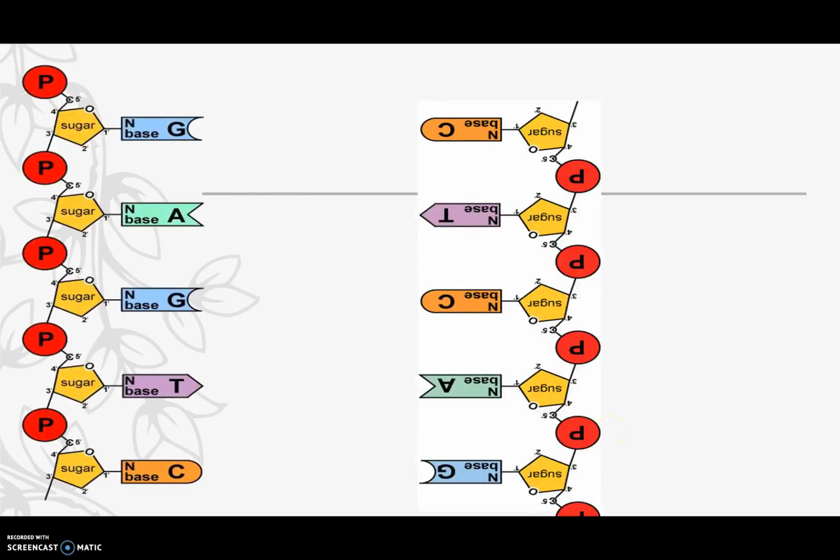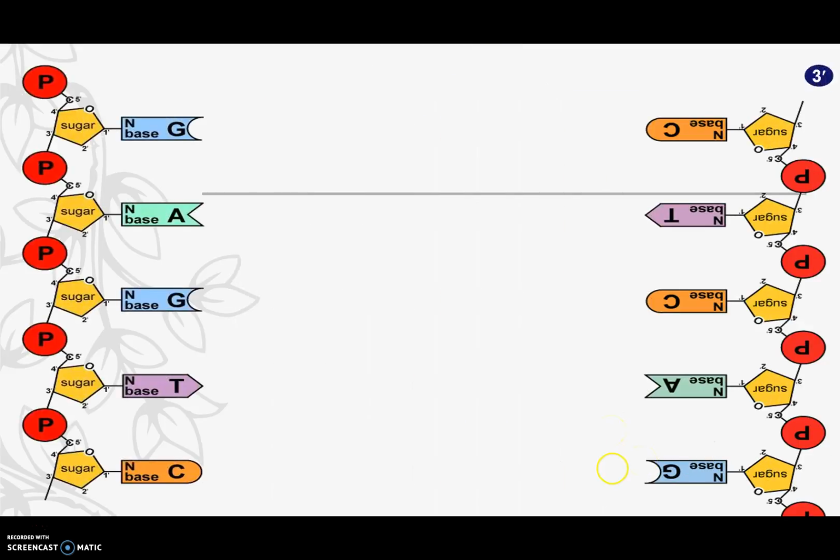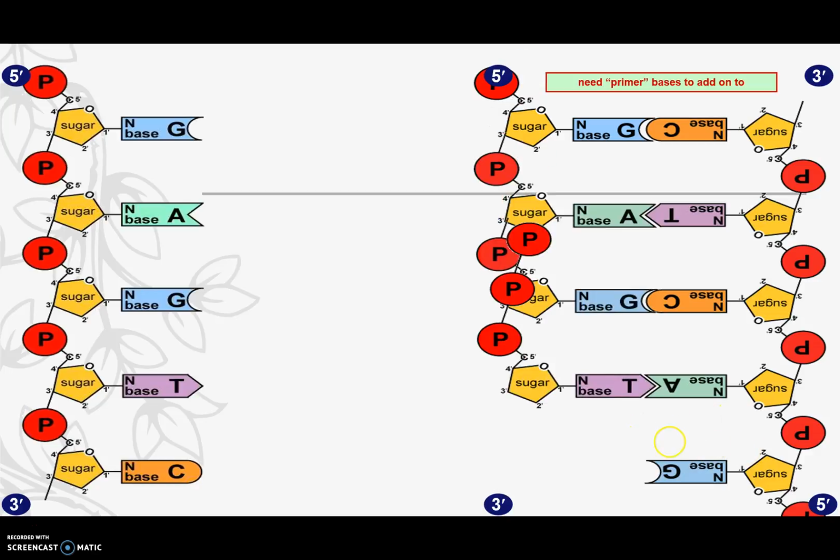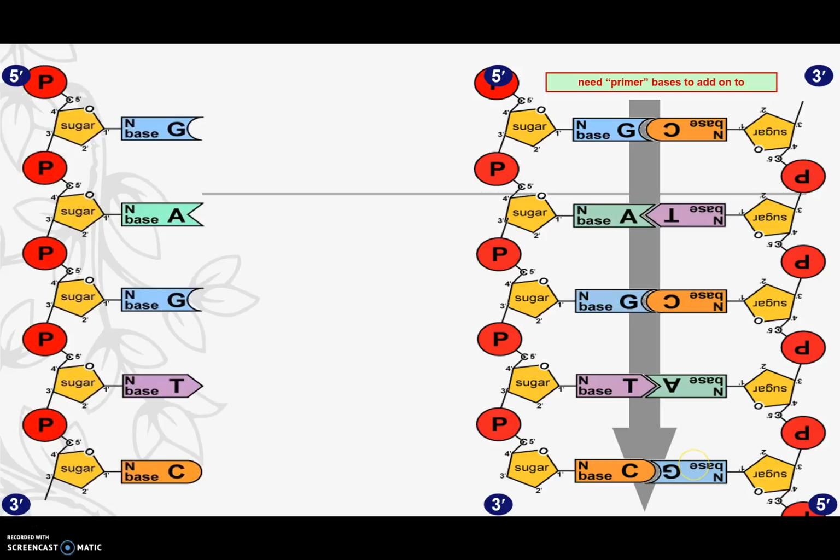So if I separate the 2 strands though, I'm going to identify my 5's and my 3's. Now when I build it, cool, I can build it continuously, attaching to the 3' end. And I can see here that this was built in one continuous motion.